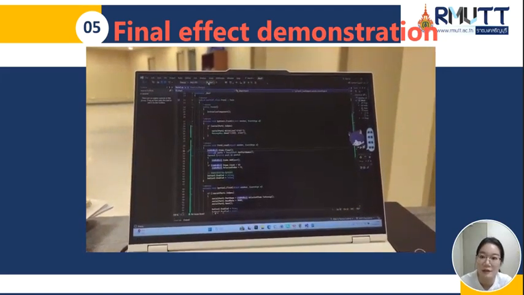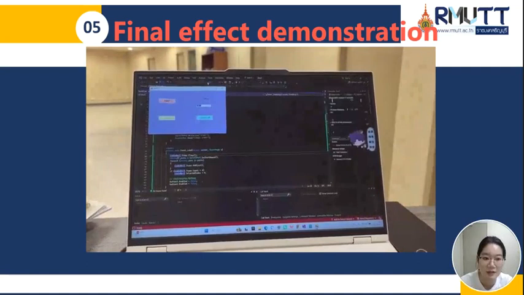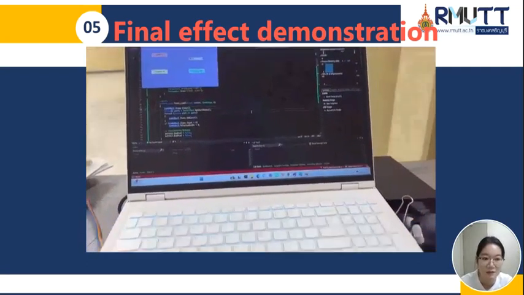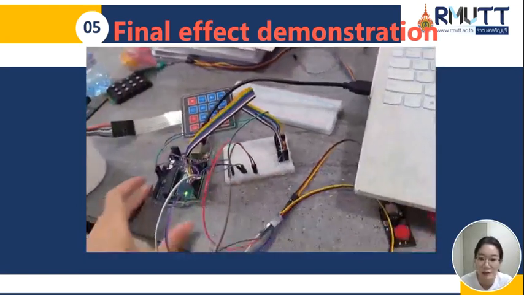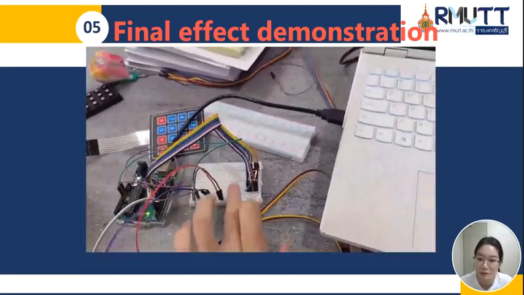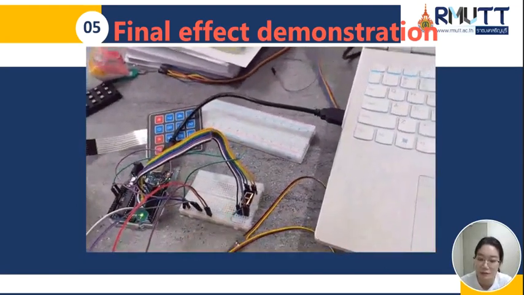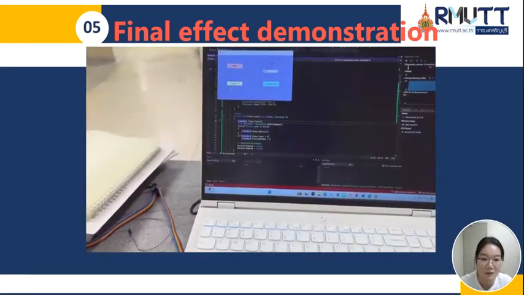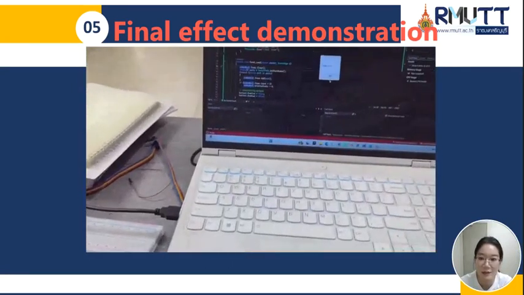Start running. Okay, start running and click the connect button to connect the Arduino. And then push the 7-segment ARM button.